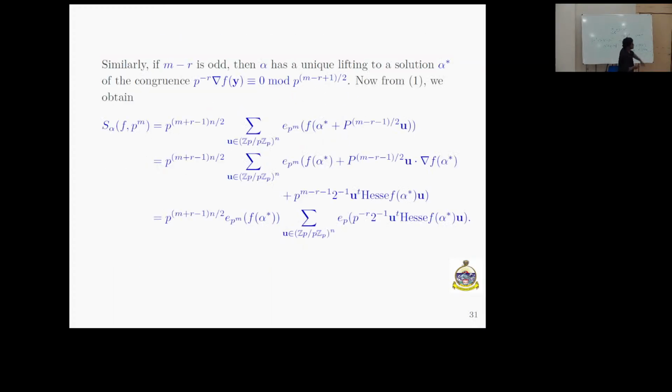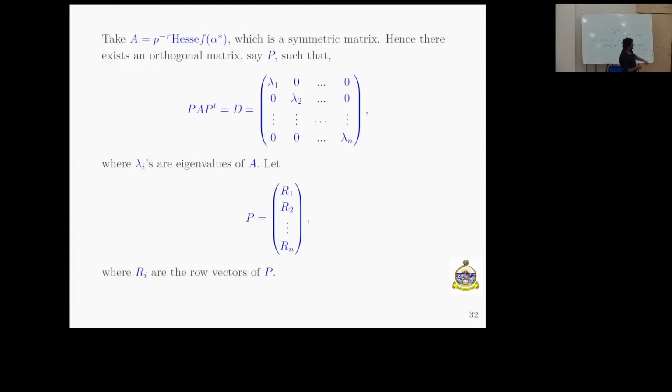If you see, there is a p power minus r into 2 into half into u transpose Hessian of f at alpha star into u. We take the matrix p power minus r into this Hessian and fix that as some A, and trivially this is a symmetric matrix. So we can grab some orthogonal matrix P such that P A P transpose is a diagonal matrix, right? And these are basically the eigenvalues.